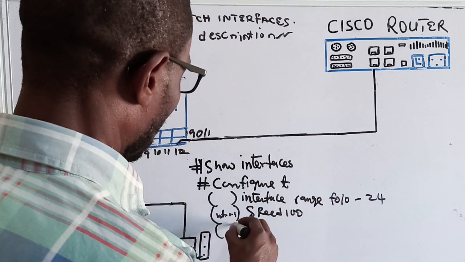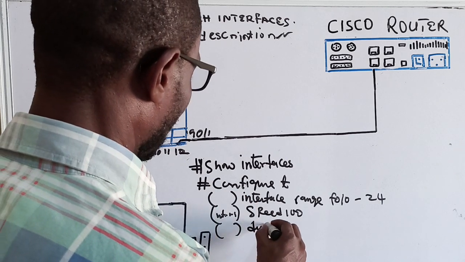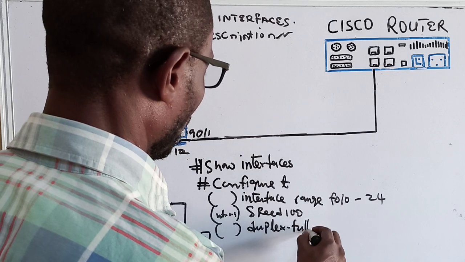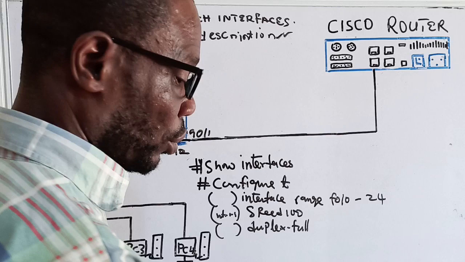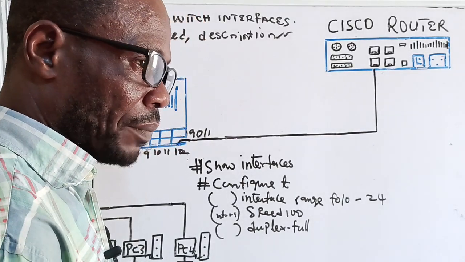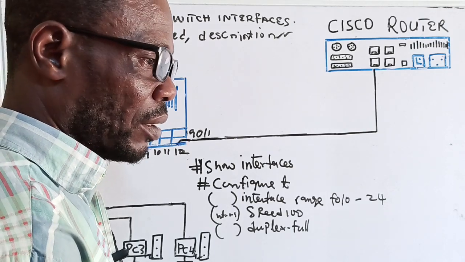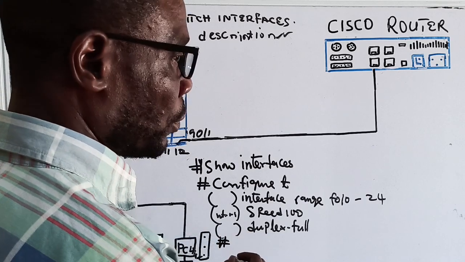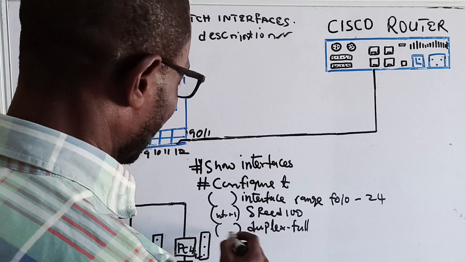You hit enter. You are still on this interface, you put duplex full. You hit enter. Then you press Control Z, combining the keys on your laptop, to come back to privilege mode.